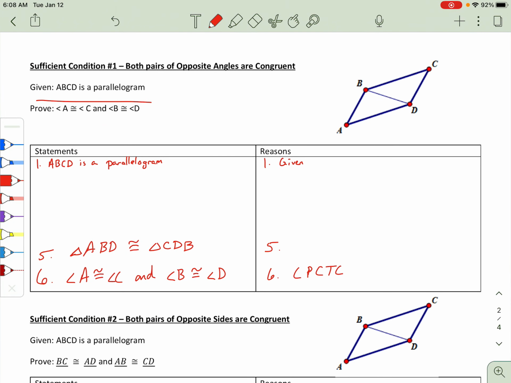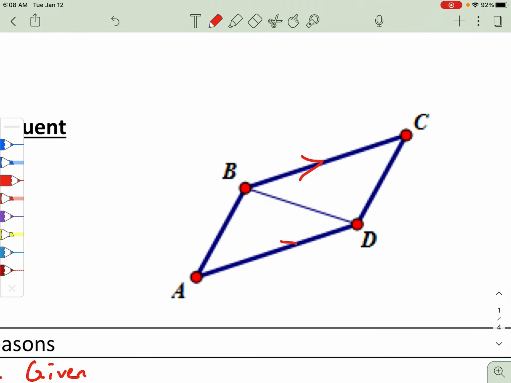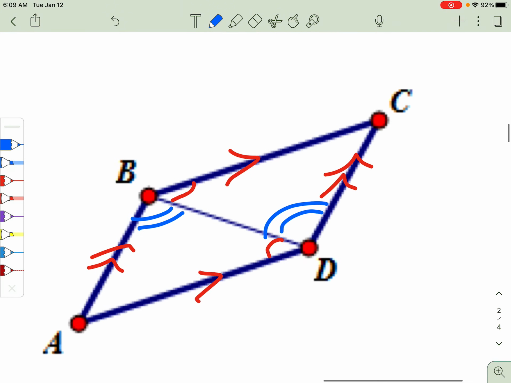All right, so if it's a parallelogram, that means, by definition, these opposite sides are parallel, right? So, by definition, that tells you that these angles are congruent, using alternate interior angle theorem. So that can be part of our proof.